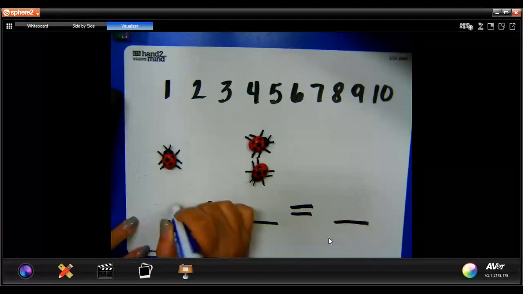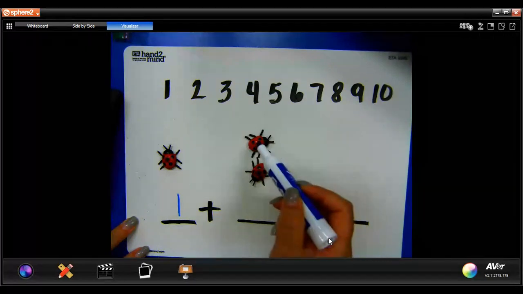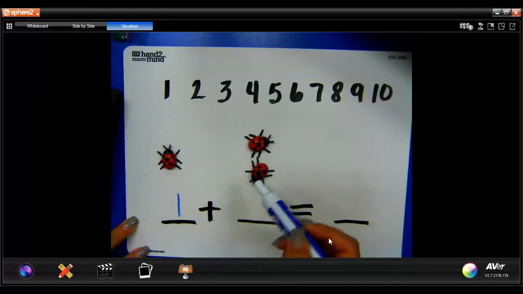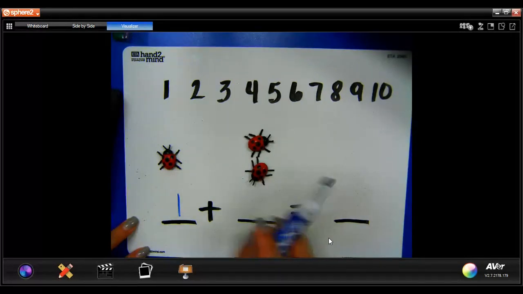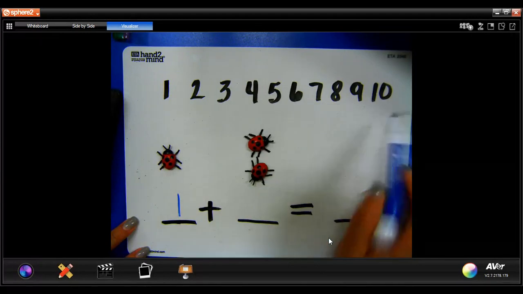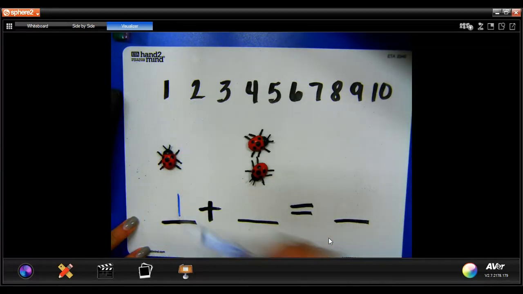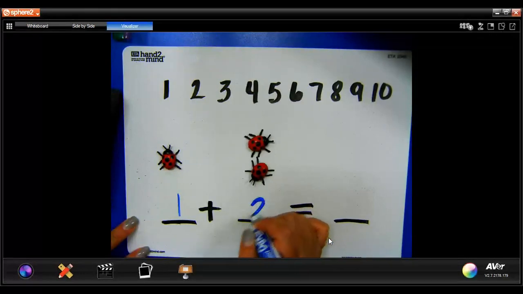So I'm going to put the number 1 right there. And here, how many do I have? Count with me. 1, 2. 2. Now if you can't remember how the 2 looks or how to write it, this is where our number line is going to help us. And your mom at home can do this number line for you. 1, 2. That's number 2. That's how number 2 looks. And that's the 2 we're going to write right here.